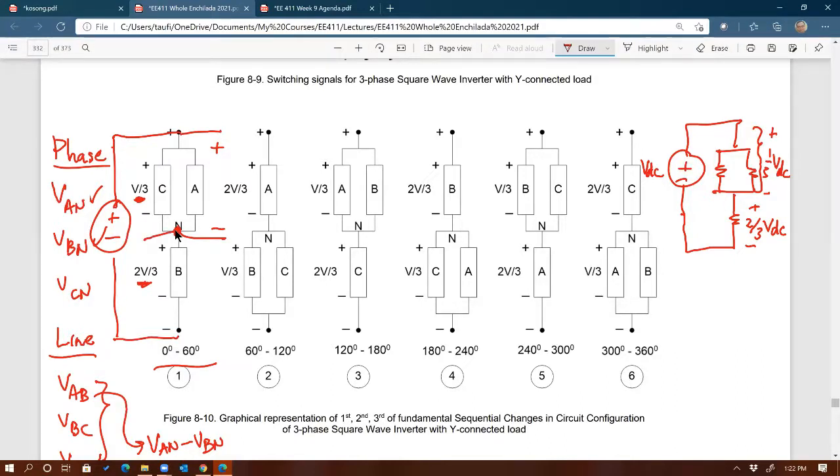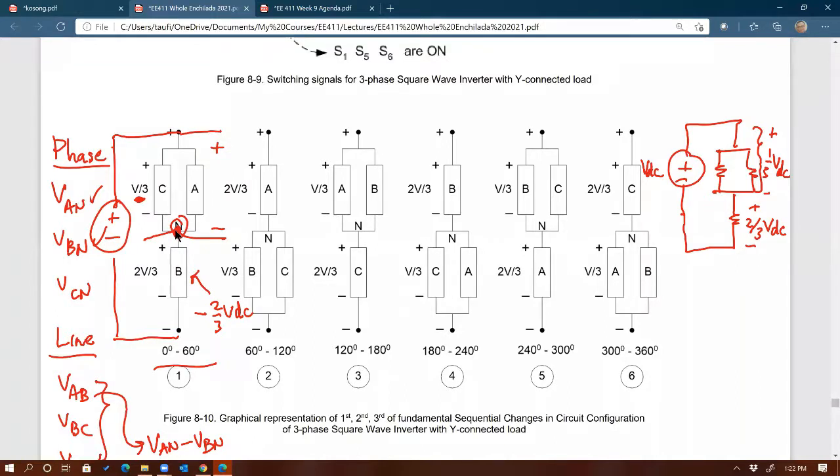That's going to be plus VDC divided by 3 as well. But what about VBN? You can see that for B, the N is up here, right? And the plus sign of the voltage across B is actually tied to N. So therefore, for VBN, the voltage is not positive. The voltage is now negative 2/3 of VDC. Is that clear?